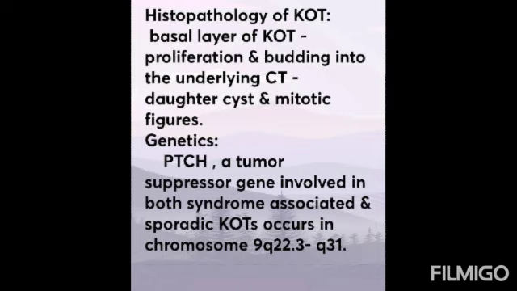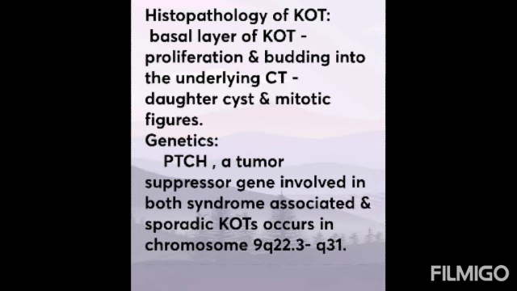Here the behavior of KOT is locally destructive and the recurrence rate is very high. On histopathology, the basal layer of the KOT produces proliferation and budding into the underlying connective tissue, and it produces daughter cysts and mitotic figures. In genetics, PTCH, a tumor suppressor gene involved in both syndrome associated and sporadic KOTs, occurs on chromosome 9q22.3 and q31.